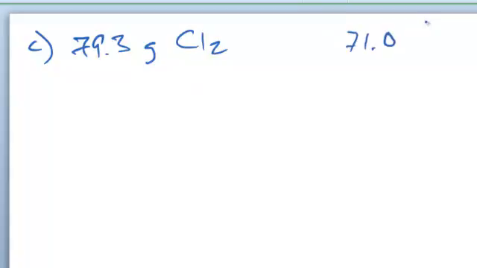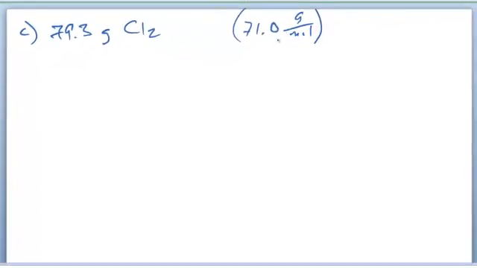Now, I'm going to go a little faster. I'm just going to give you the molar masses and the solutions, basically, to the rest. All right, C, you're given 79.3 grams of molecular chlorine. That's chlorine gas. The molar mass is 71.0 grams per mole.